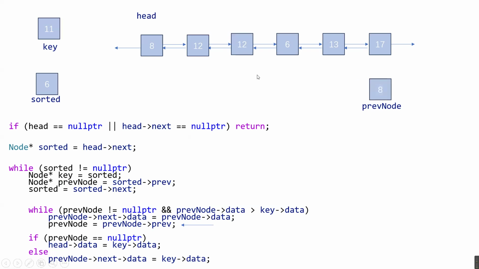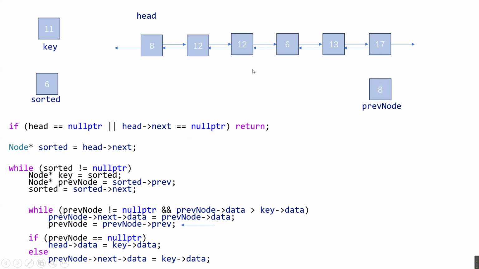Because if the 8 were, say, 11.5, and still greater than the key, we would continue to traverse to the last one of the sequence.